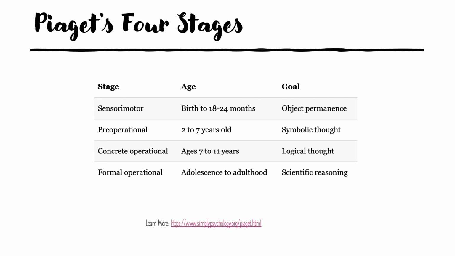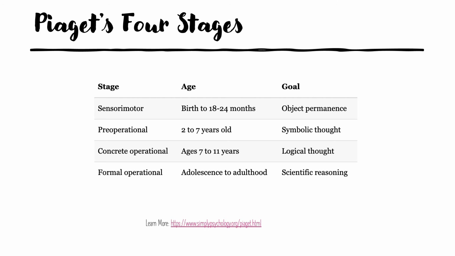He believed learning occurs in four qualitatively different stages: sensory motor, pre-operational, concrete operational, and formal operational. Sensory motor is basically from birth to 18 to 24 months, and that's when you have object permanence. We'll discuss this more later in the semester.